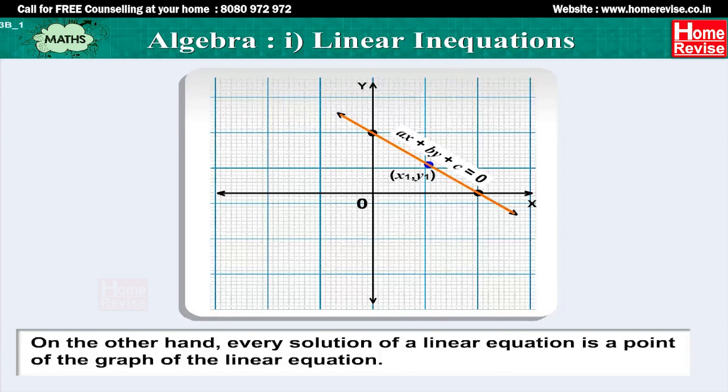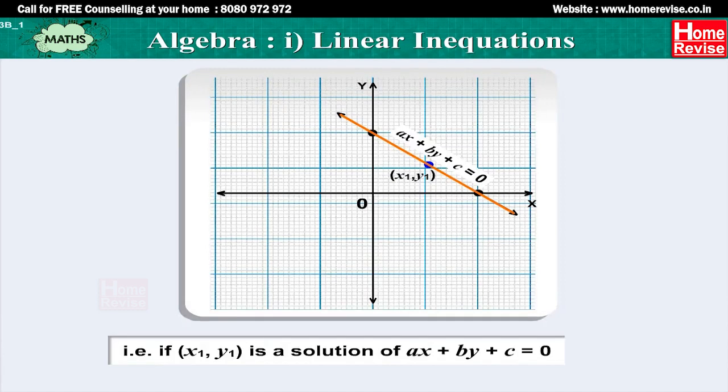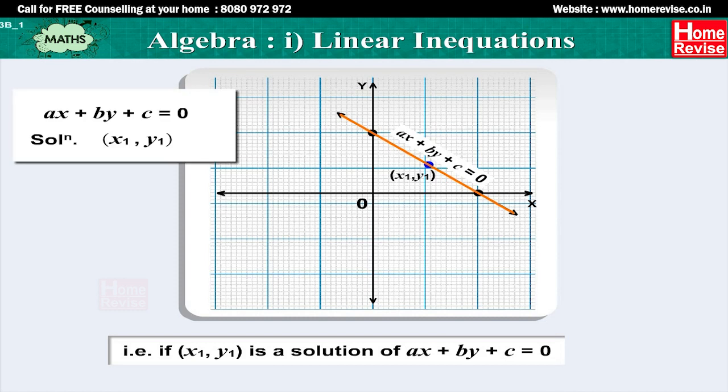That is, if (x1, y1) is a solution of ax + by + c = 0, then (x1, y1) lies on the graph of the equation ax + by + c = 0. Number 7.